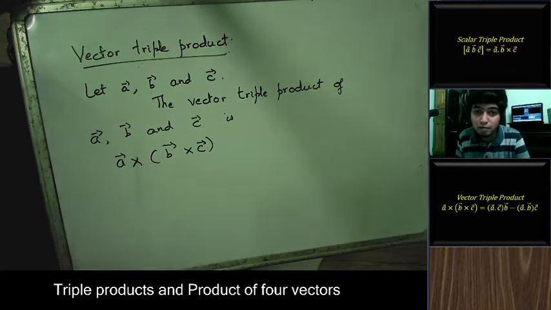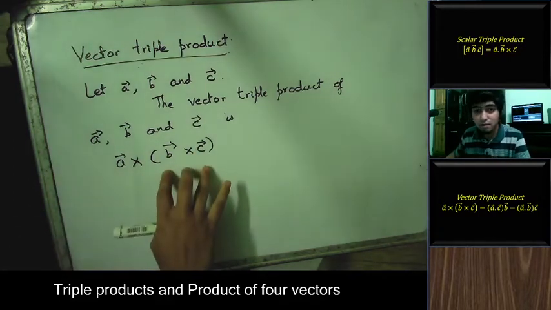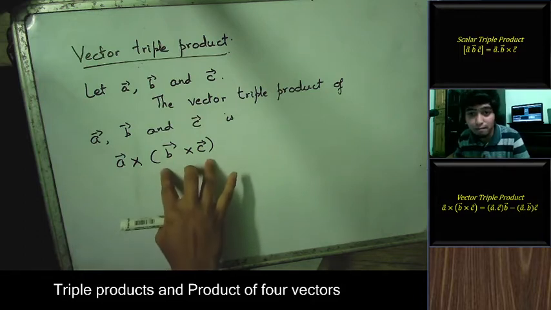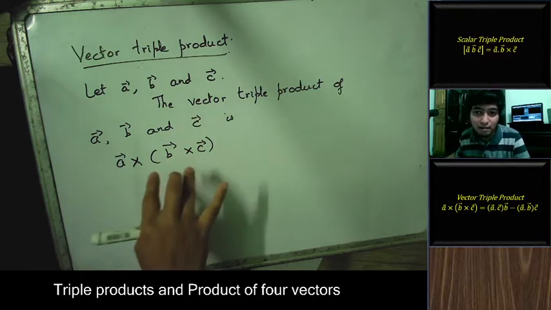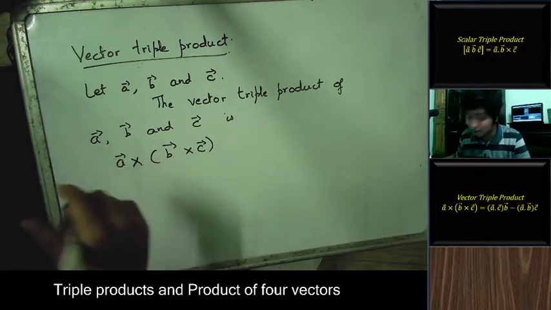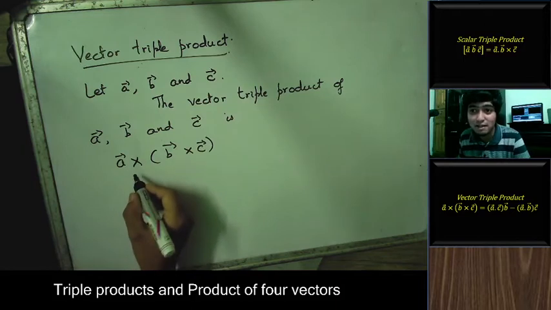Some of you may be thinking that we won't need to write these brackets over here, but in fact the brackets are compulsory. You must write them. It is not like when you were having the scalar triple product.